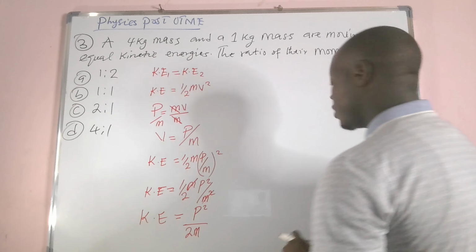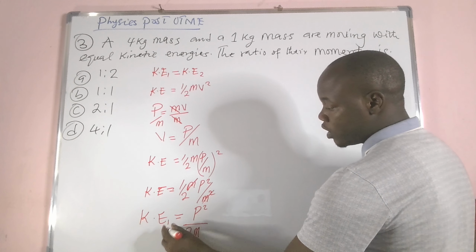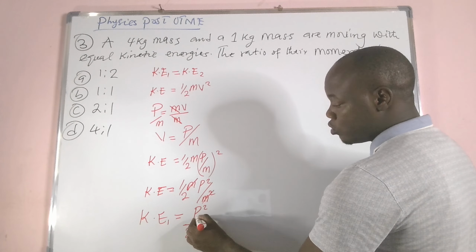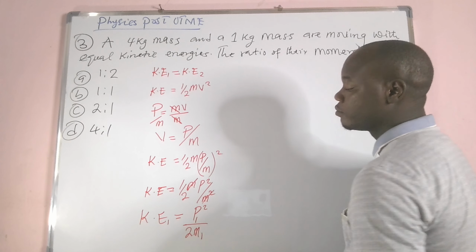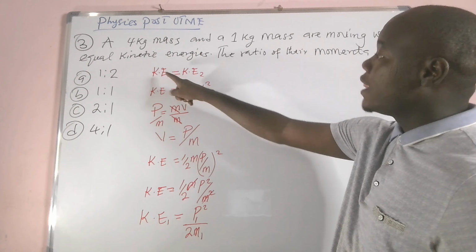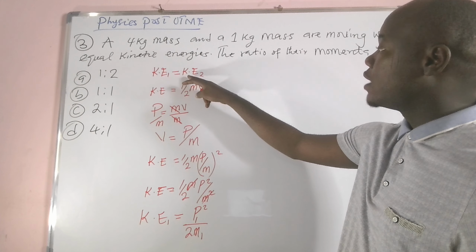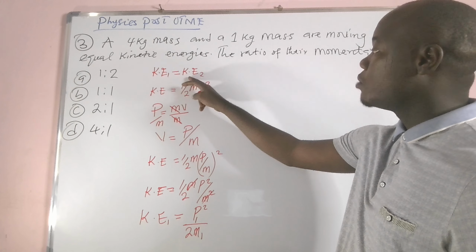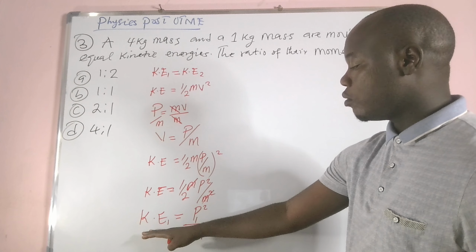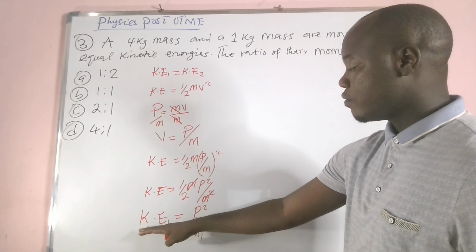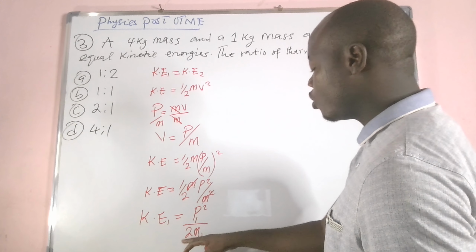Now let's say the kinetic energy of the first object is KE1 is equal to P1 squared all over 2M1.